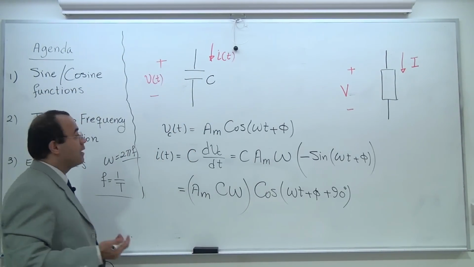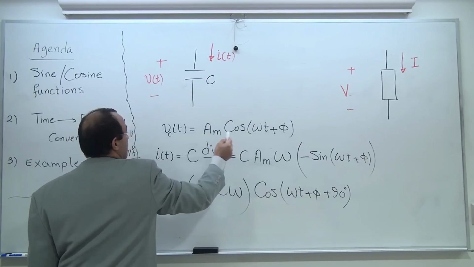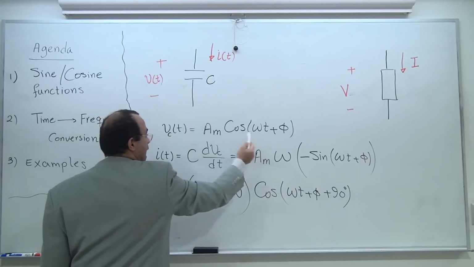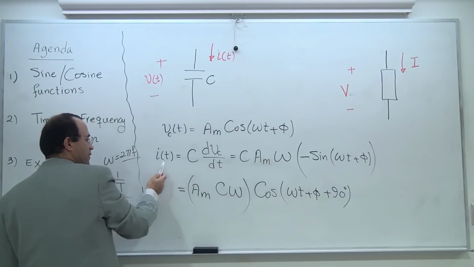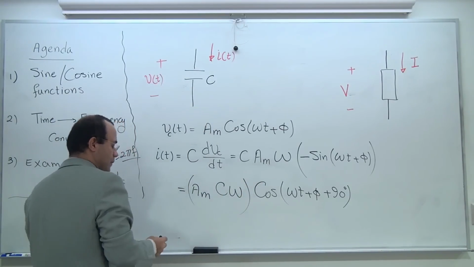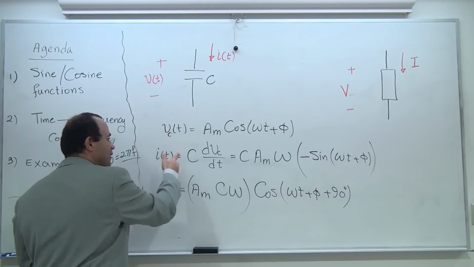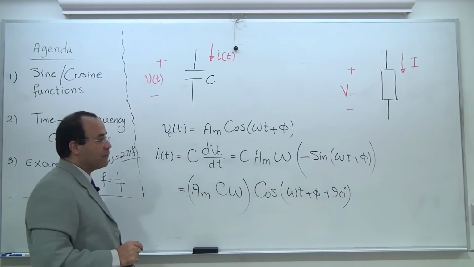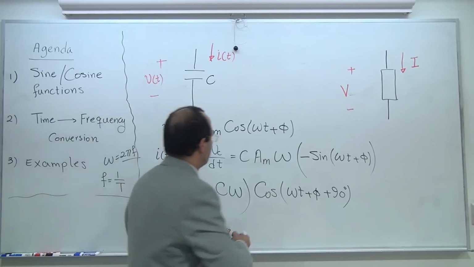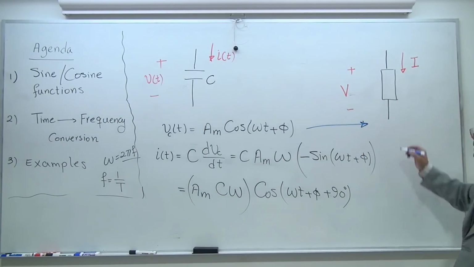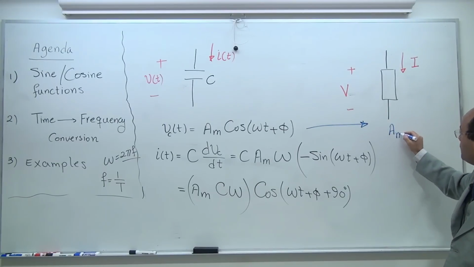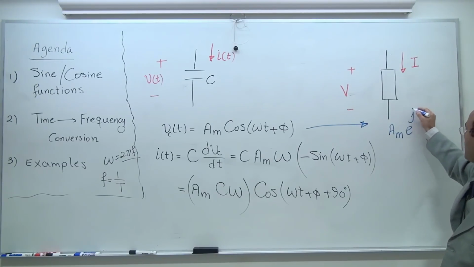So far so good? So I have V of t as a cosine function, that's my assumption, and I'm going to find I of t using the component law. I want you to take this to the frequency domain and tell me what is happening. Let me use the blue. This one, according to the convention I agreed upon, is going to be Am e to the power of j(omega t plus phi).